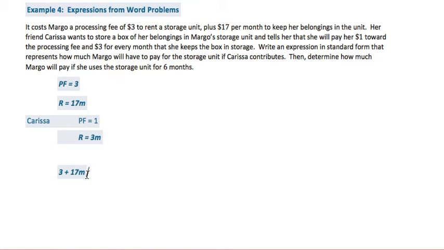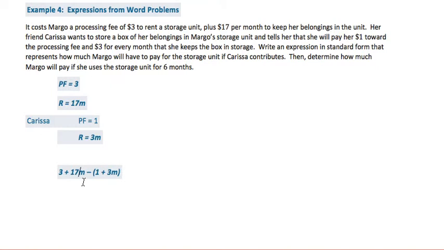Okay? If Carissa contributes, Carissa is going to pay 1 for the processing fee plus $3 a month. So we can solve this expression first to tell us how much Margot will have to pay for the storage unit if Carissa contributes.